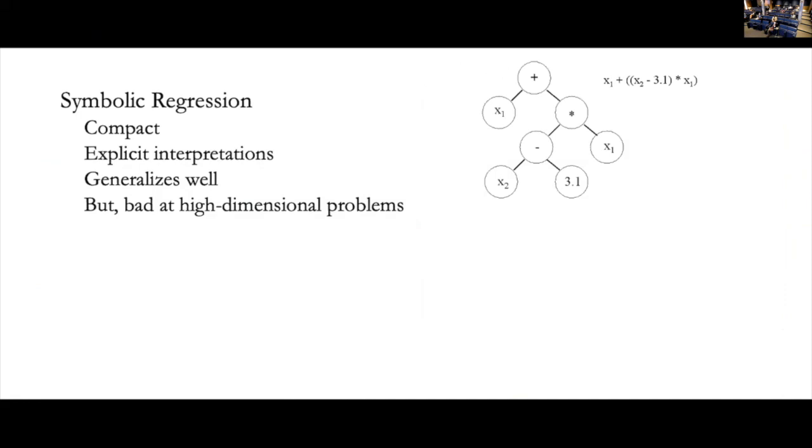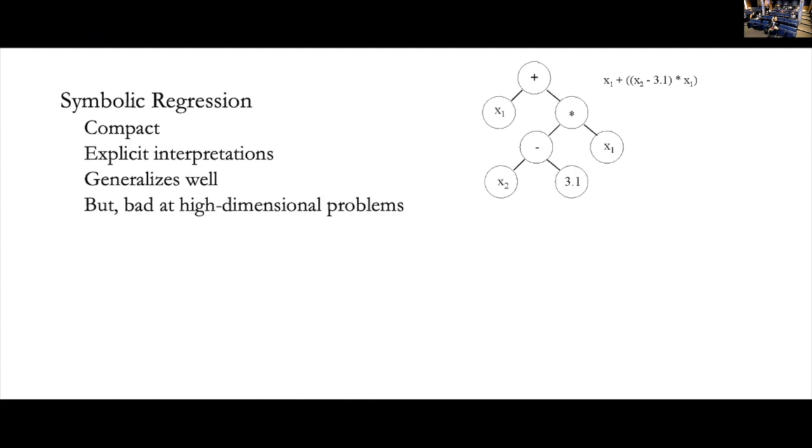In general, symbolic regression is compact, gives you explicit interpretations, and generalizes well, but it's terrible at high dimensional problems. If you have more than 10 features, it's really hard to find a good equation. This is a fundamental problem of genetic algorithms.